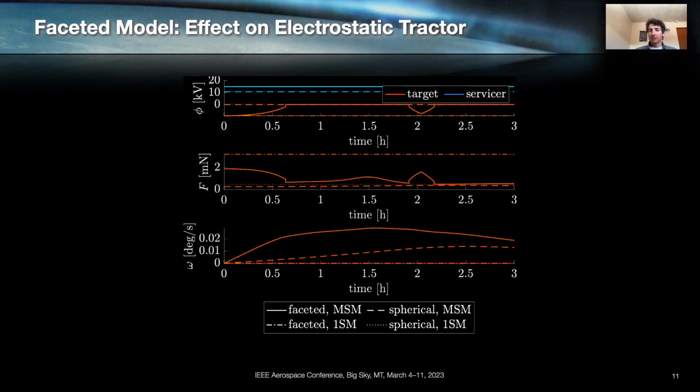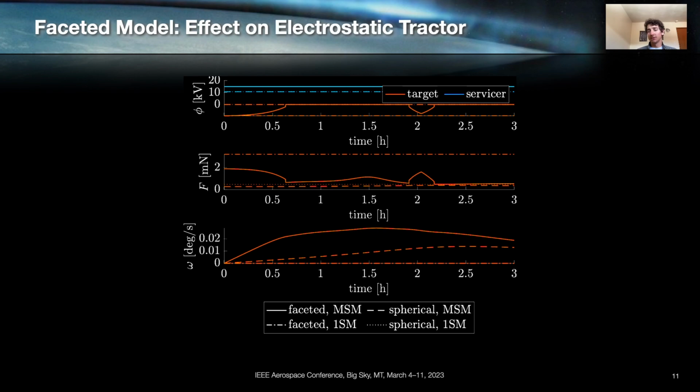In our highest fidelity model, the faceted model using a multisphere method to compute the forces, we have really high variations in both the electric potential as well as the resulting electrostatic force. That is shown by the solid red line.